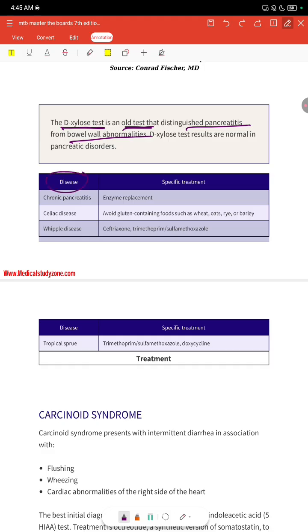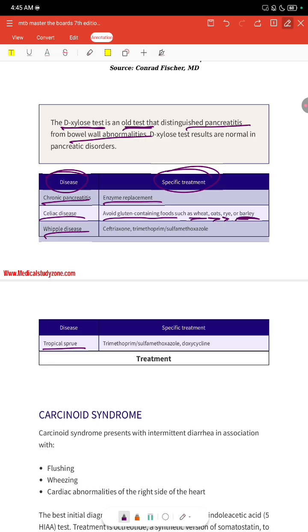Disease and specific treatment: chronic pancreatitis, celiac disease, Whipple's disease, tropical sprue. Chronic pancreatitis requires enzyme replacement because enzymes are not being released normally, and there is a problem of malabsorption due to it. Celiac disease: avoid gluten containing foods such as wheat, oats, rye, or barley.